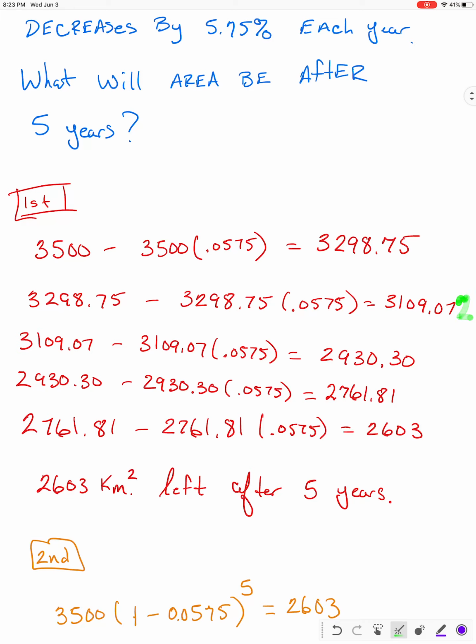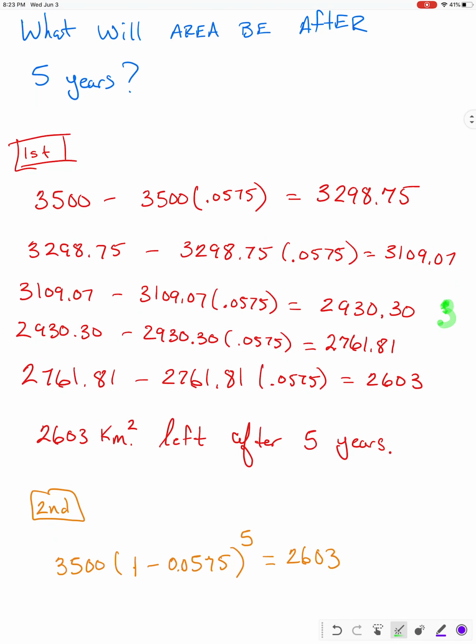Then we start the third year, and we subtract away 5.75% of what we have, and we end up with 2,930, and that's our third year. And then in the fourth year, we subtract away 5.75% of what we have left, and this is our fourth year.